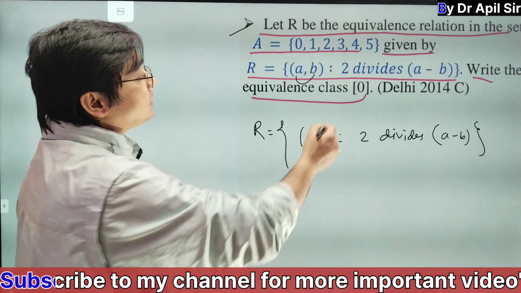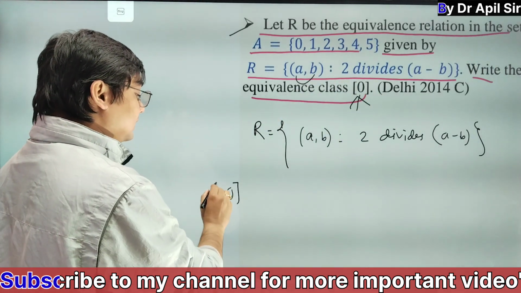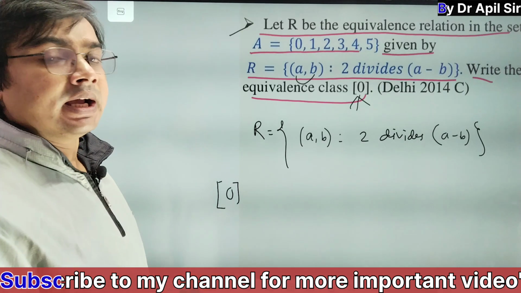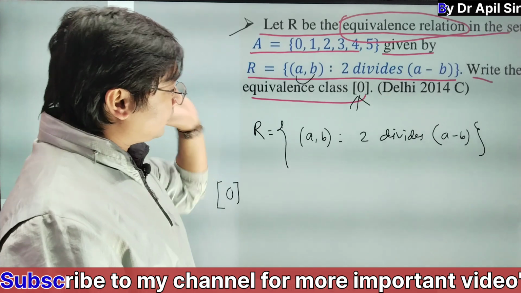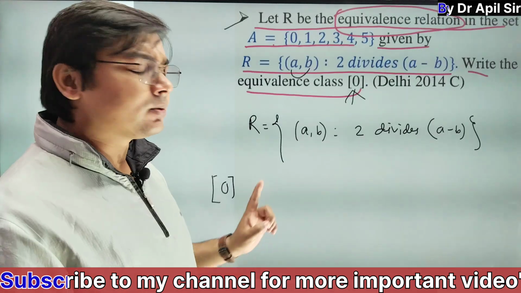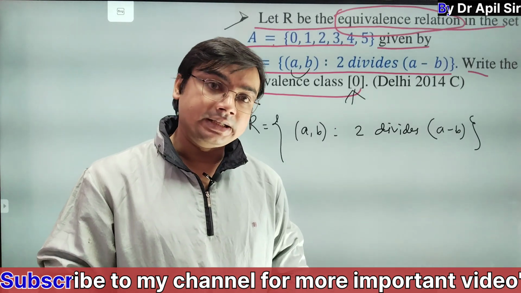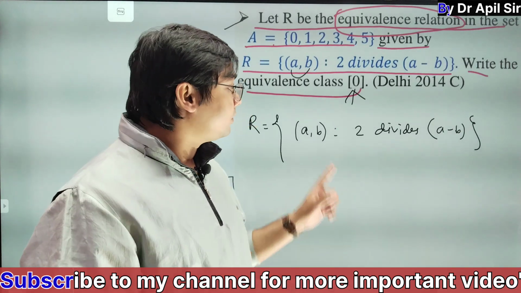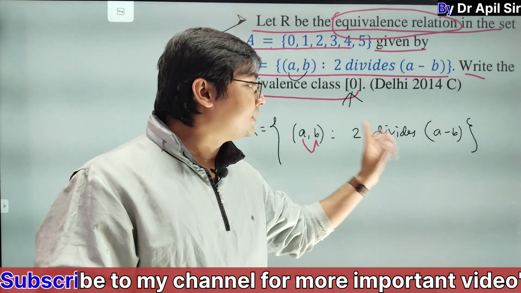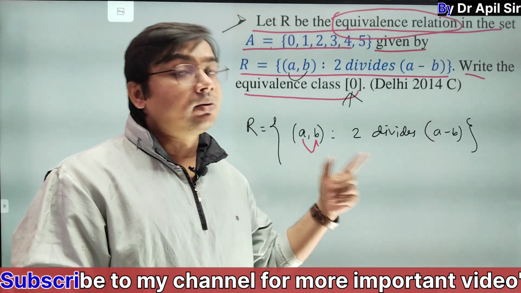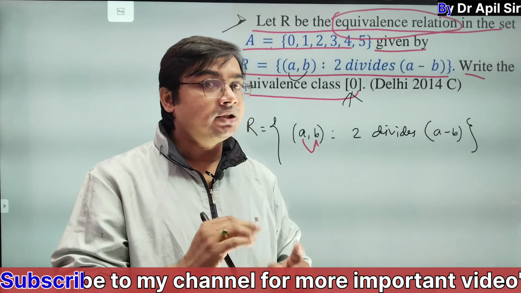Now we need to simply find this equivalence class of 0. Since we need to find the equivalence class of 0, see which elements are related to 0. And remember, for A to be related to B, A minus B should be divisible by 2. So to be related to 0, 0 minus that element should be divisible by 2.